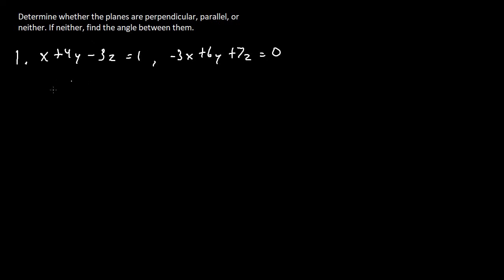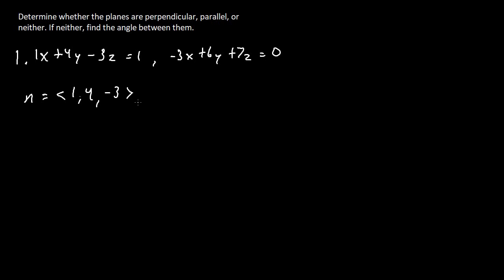So once again, planes are in the format where we have ax plus by plus c times z equals some constant d. So the normal vector, once again, is just going to be in the format a, b, c. Now we can call the normal vector n or v, it doesn't matter. So in this case, let's just call it n. And that's going to have the components, the 1 is in front of the x, so we have 1, 4, and negative 3.